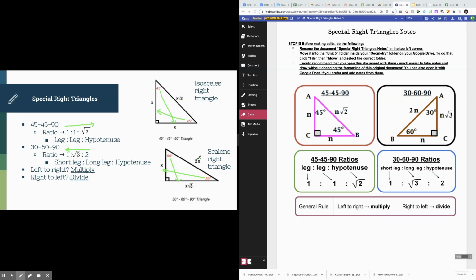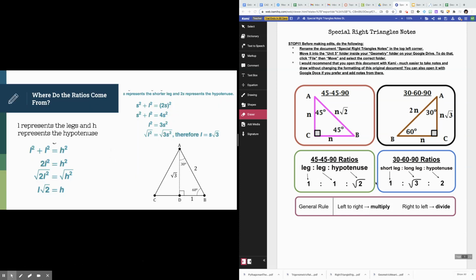So if you knew, for example, that the hypotenuse was 10 in this triangle, you would divide by 2 to get the short leg. So, 2, divide. I'm going to show you what I mean by that. That's just a little tip to help you remember when you need to multiply and when you need to divide. Okay, so let's look at a couple of examples.